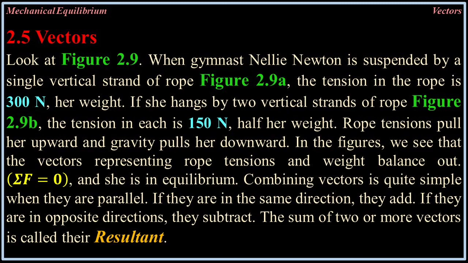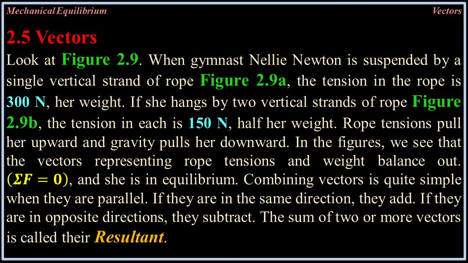Combining vectors is quite simple when they are parallel. If they are in the same direction, they add. If they are in opposite directions, they subtract. The sum of two or more vectors is called their resultant.